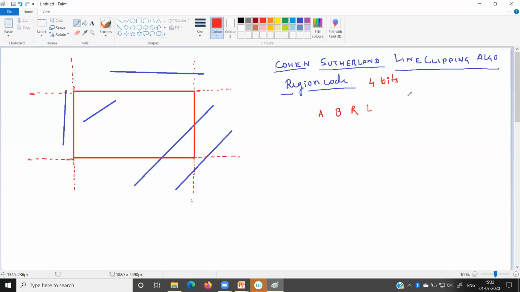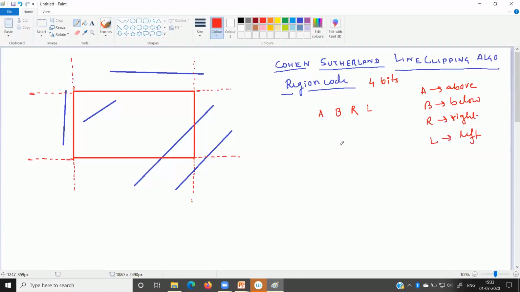What does ABRL stand for? A stands for above, B stands for below, R stands for right, and L stands for left.